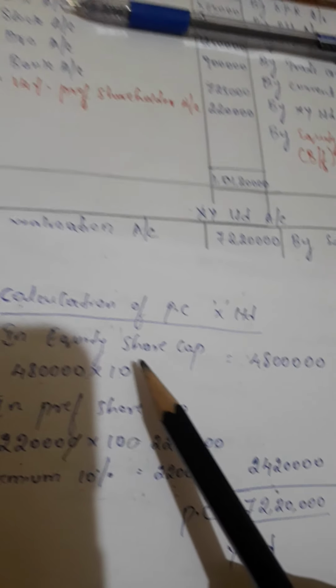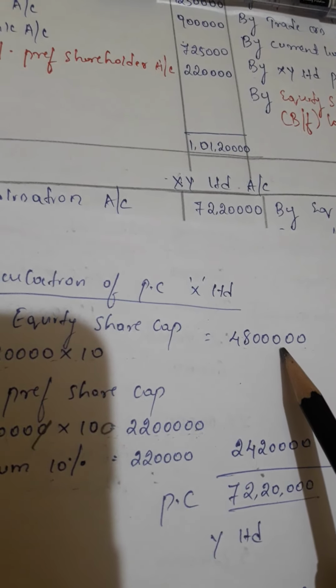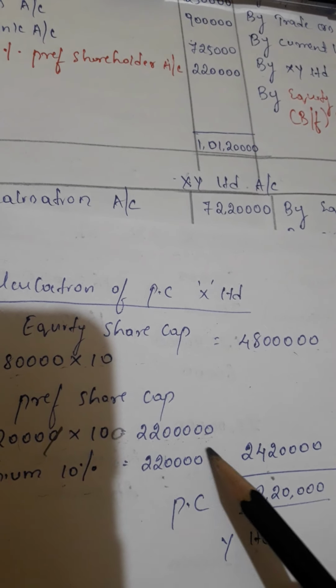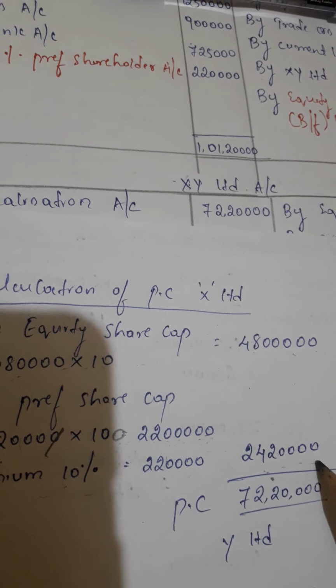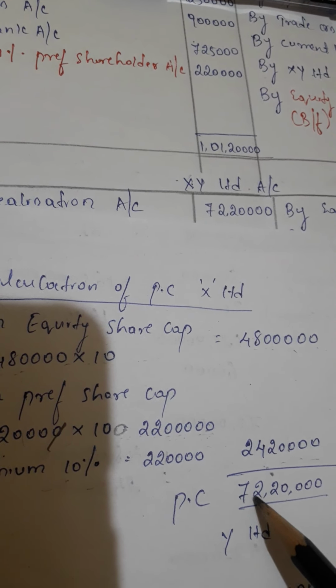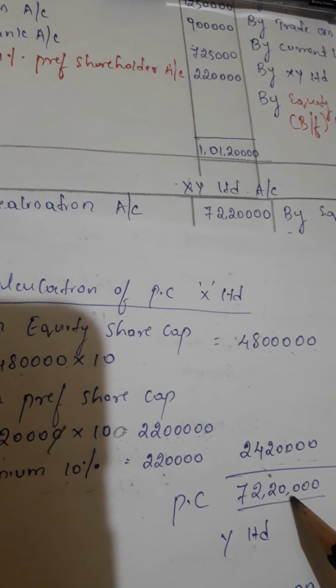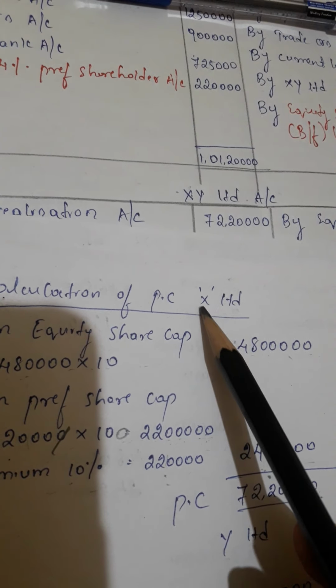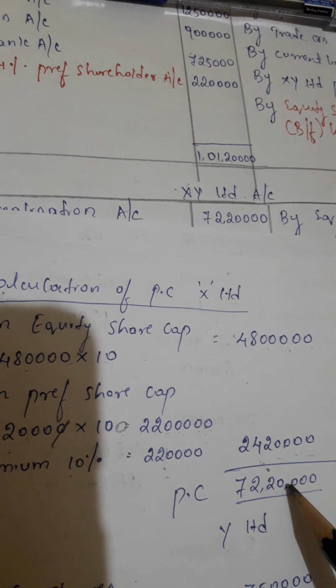So in terms of equity share, total value is 48 lakh. In terms of preference share, total value is 24 lakh 20,000. If we add both together, the value constitutes 72 lakh 20,000. So the total value of X Limited is 72 lakh 20,000.